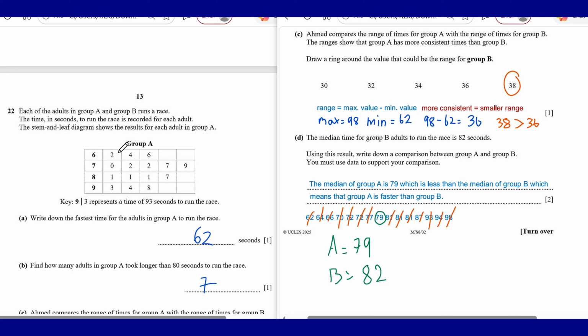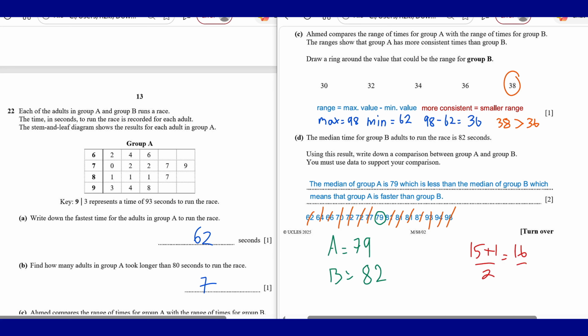For group A, we arrange the data from smallest to greatest: 1, 2, 3, 4, 5, 6, 7, 8, 9, 10, 11, 12, 13, 14, 15. All the 15 data we arrange in here: 62, 64, 66, and so on up to 98. And find the middle. For 15, the middle will be data number 8, because 15 plus 1 is 16, over 2.